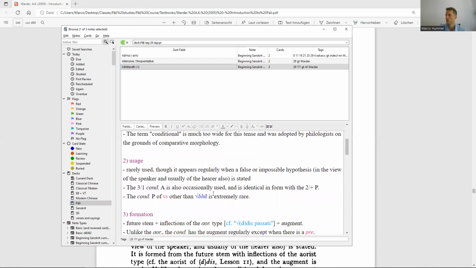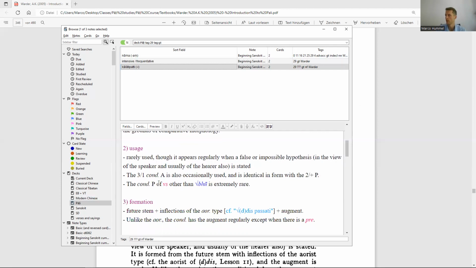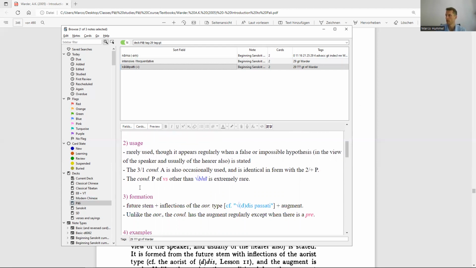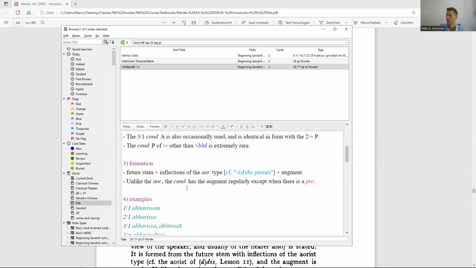The conditional is rarely used, though it appears regularly when a false or impossible hypothesis in the view of the speaker, and usually of the hearer also, is stated. The third person singular conditional attanopada is also occasionally used and is identical in form with the second person plural parassapada. The conditional parassapada of verbs other than bhu, bhavati is extremely rare.